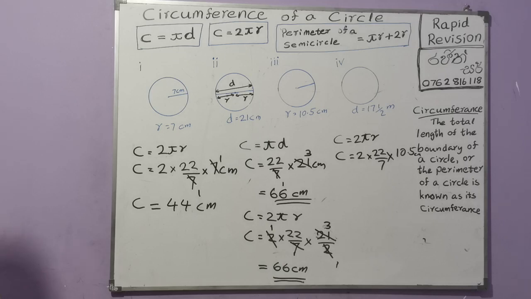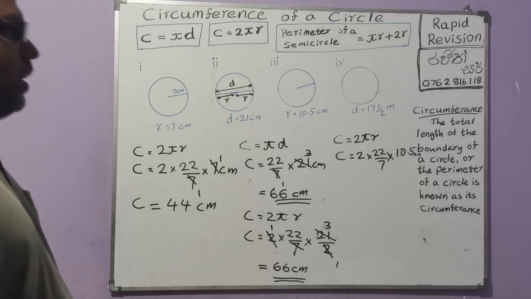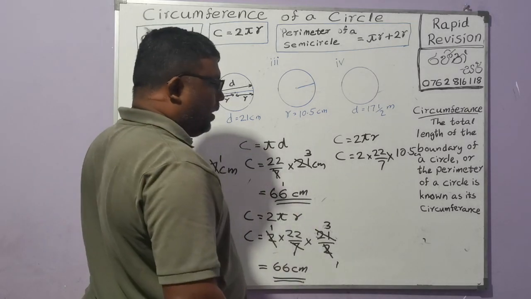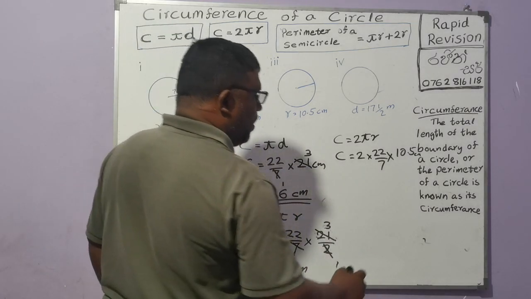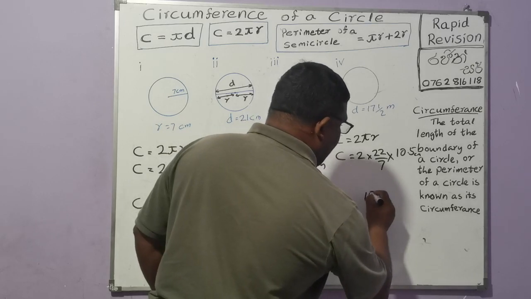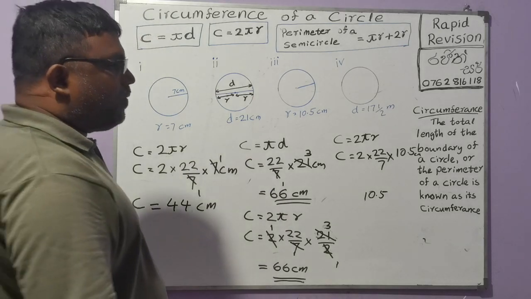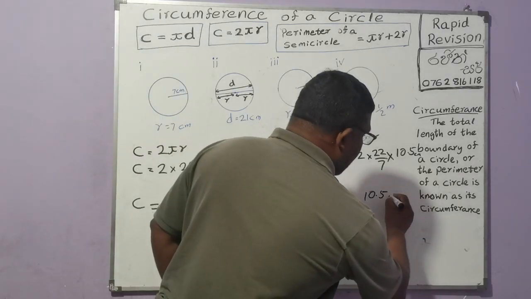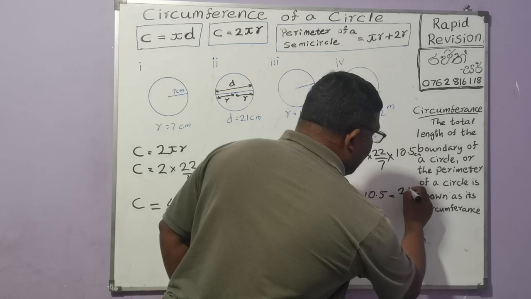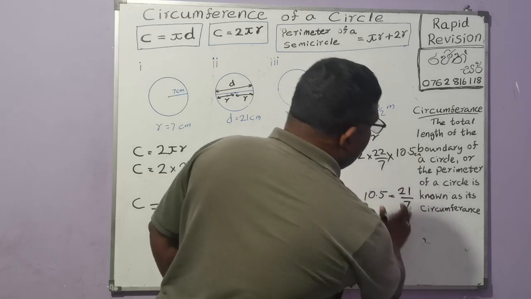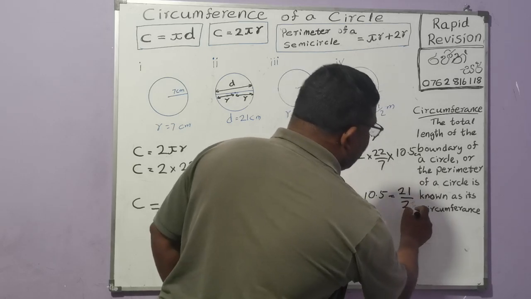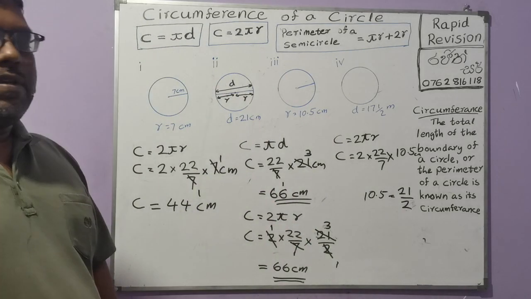to calculate easily I am going to do a small trick. See what I am going to do now. If I tell you 10.5 is equal to 21 over 2, that means 21 divided by 2 is equal to 10.5, isn't it?